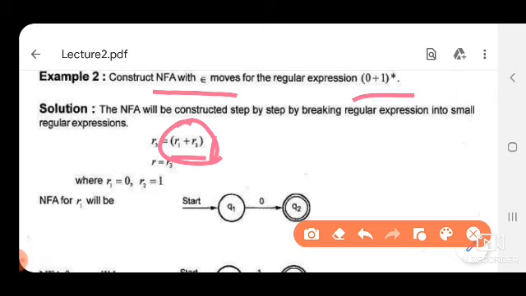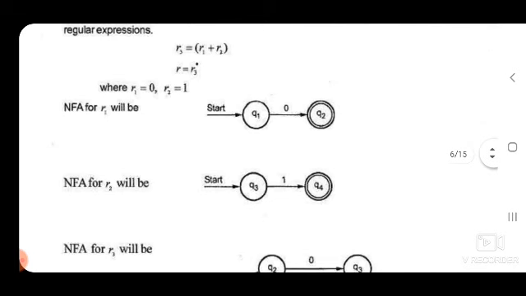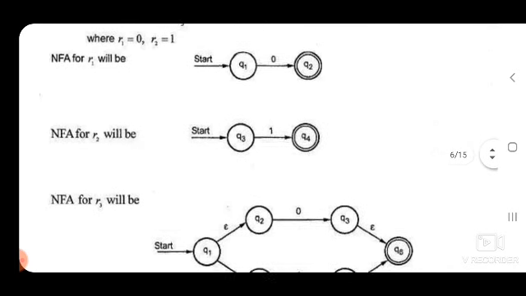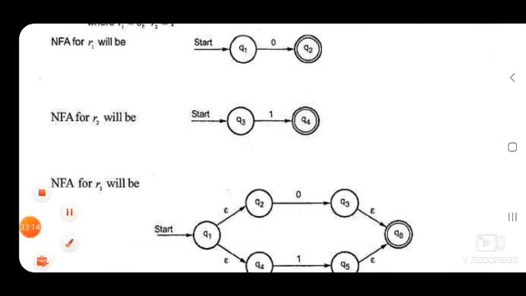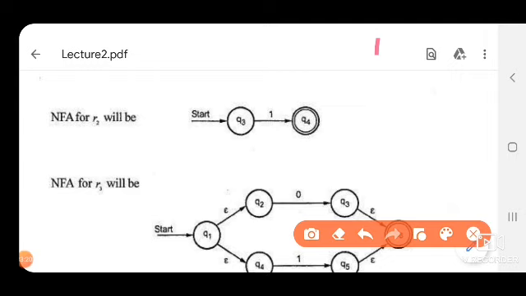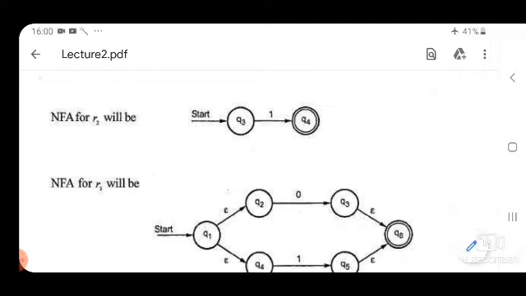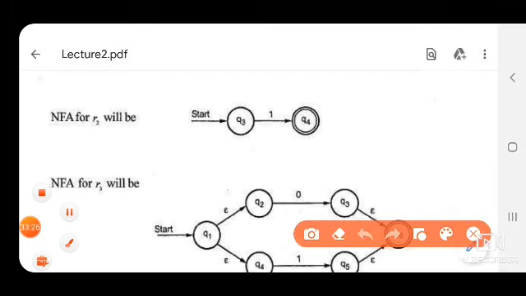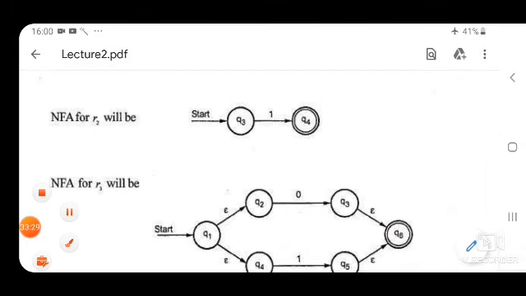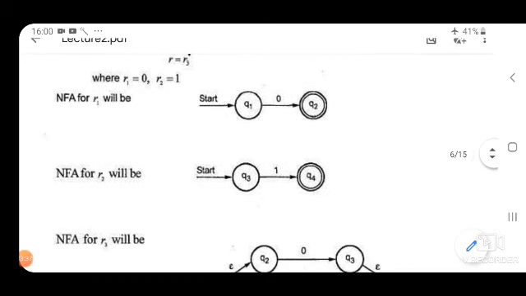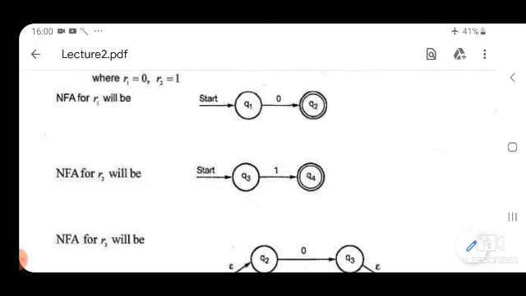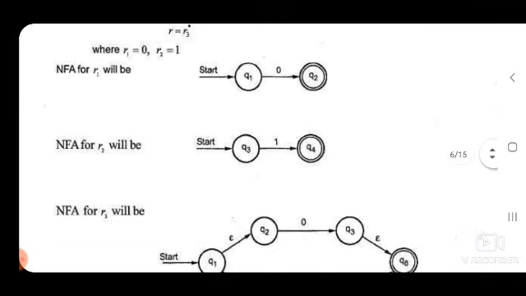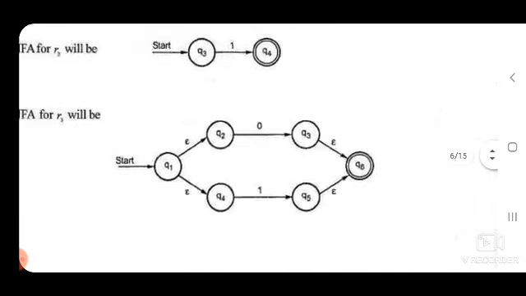So, this is the figure for 0 and this is for 1, and this is for the combined, that is 0 plus 1.